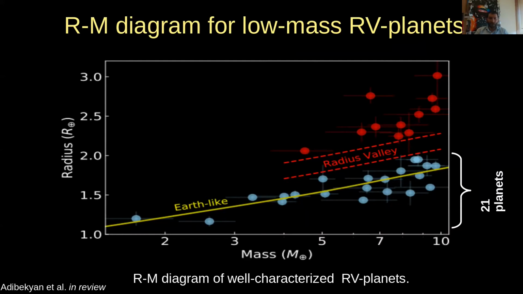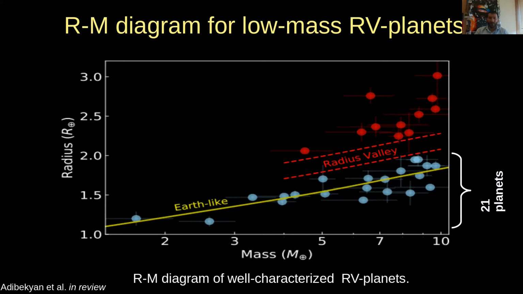And here I show the radius-mass diagram of these planets that are less massive than 10 Earth masses, and that are precisely characterized.